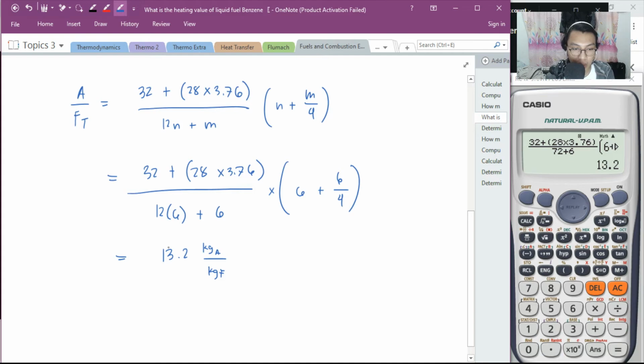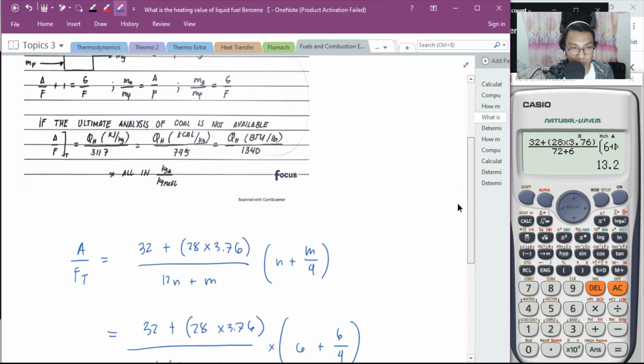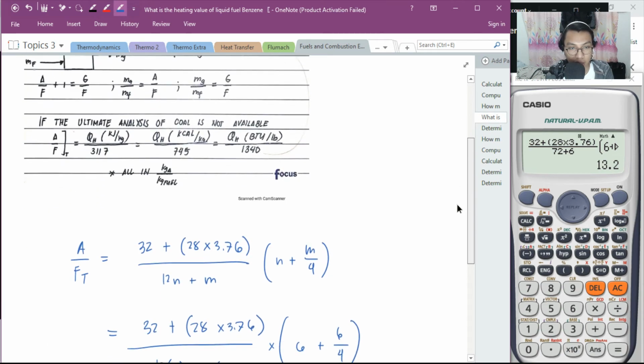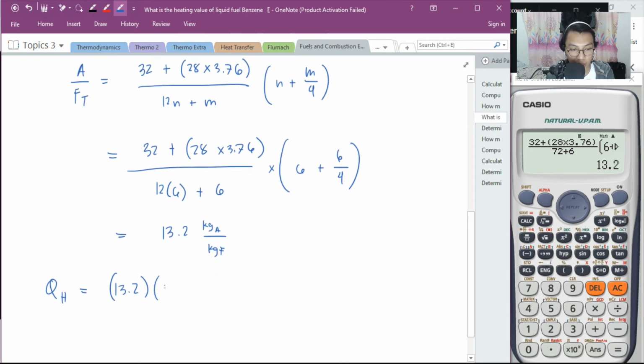Ngayon, para maging BTU per pound, okay? UH is equal to 13.2 multiply na natin ng 3114 o 1340. Ayun, BTU per pound ang hinihingi. So, 1340 BTU per pound.